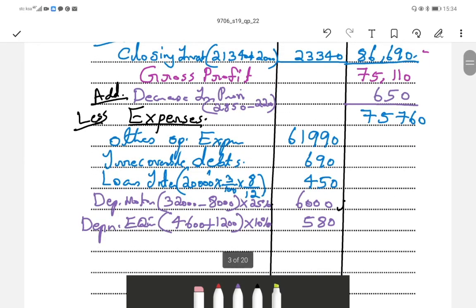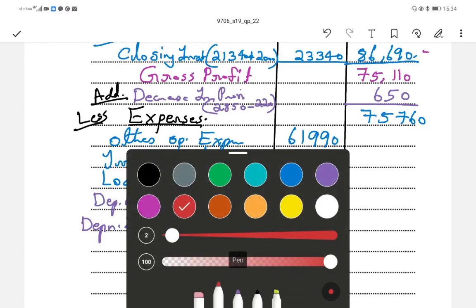Now we have to deduct the total expense.